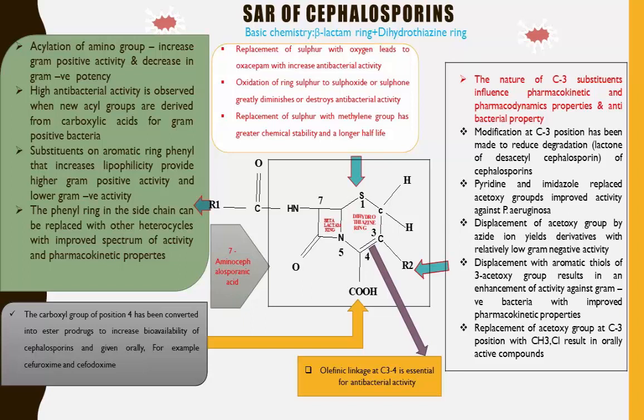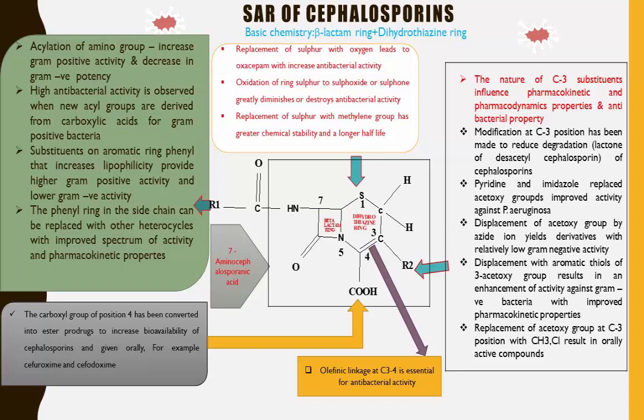Displacement of this group with an aromatic thiol results in enhanced activity against gram-negative bacteria and also improved pharmacokinetic properties. Lastly, when we replace the acetoxy group at the C3 position with a methyl or chloro group, it leads to compounds that can be used orally.